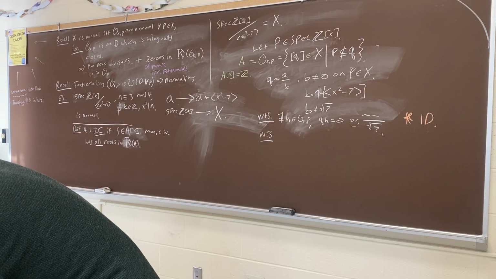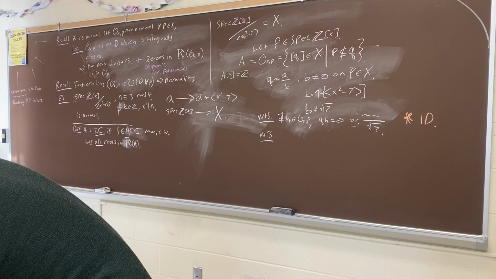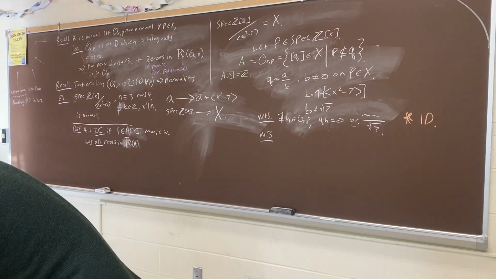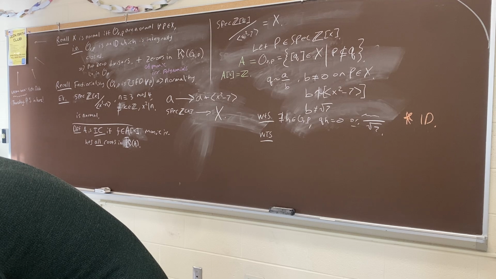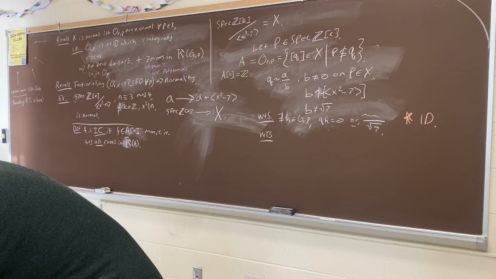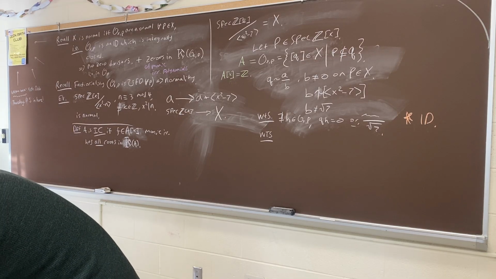Probably because we could have just chosen 3. No, it's actually that factoriality implies normality.